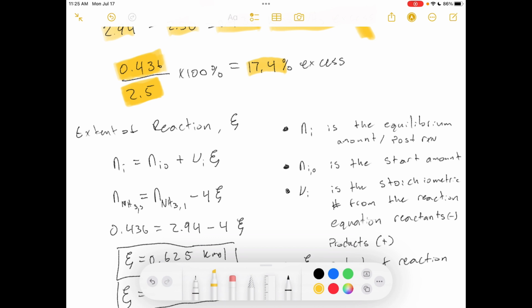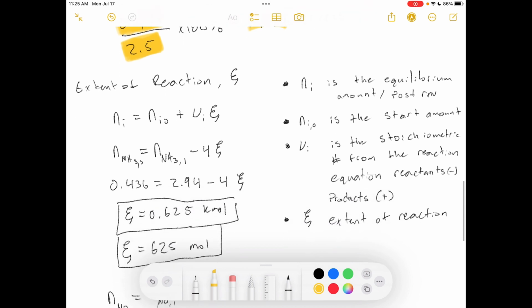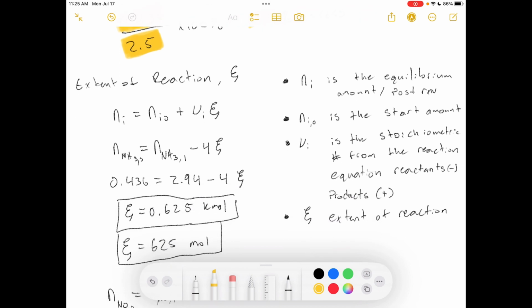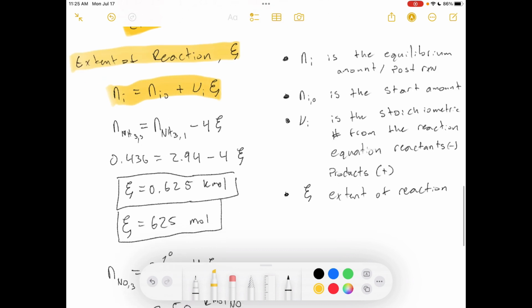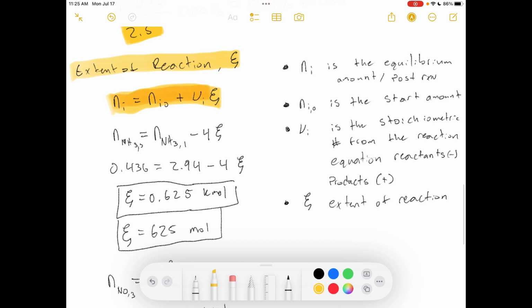Then we need to calculate the extent of reaction. I haven't covered the extent of reaction yet, so I'm just going to cover that right now. This is the formula for the extent of reaction. I'll define each of these terms. Ni is the equilibrium amount.